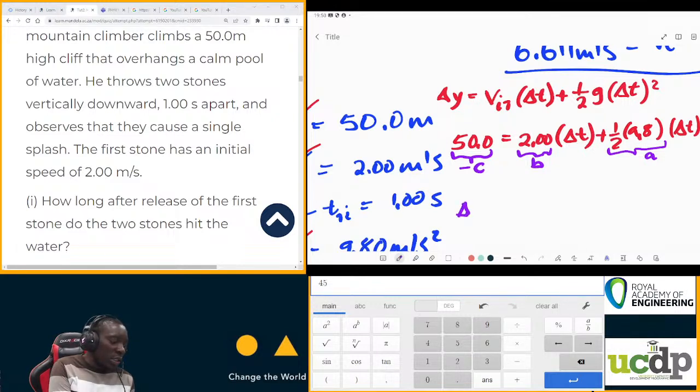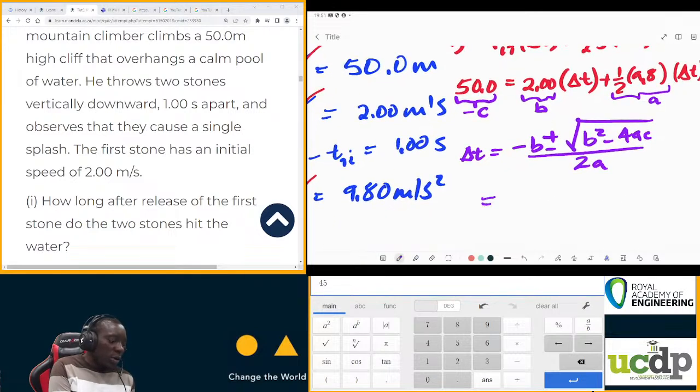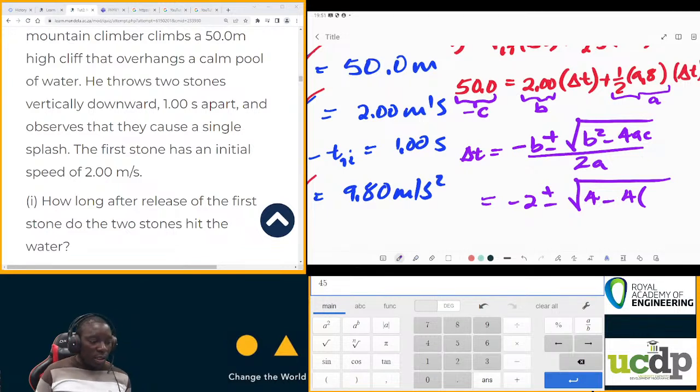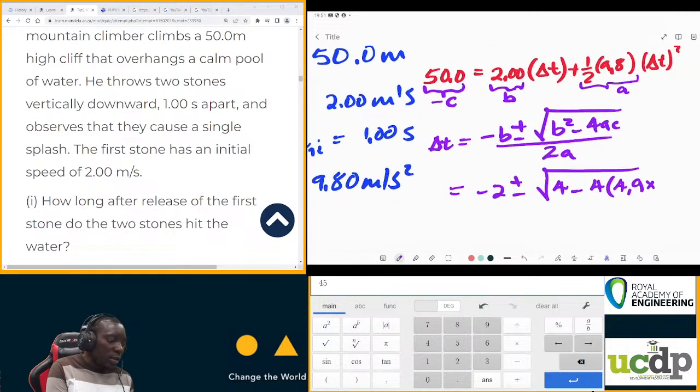So for us to get delta t, it will be equal to minus b plus or minus, remember the quadratic formula, the root of b squared minus 4ac all over 2a. So we substitute the coefficients. Minus b is minus 2 plus or minus the root of b squared, which is 4, minus 4 times a, which is half of 9.8, 4.9, 4a times c will be negative 50.